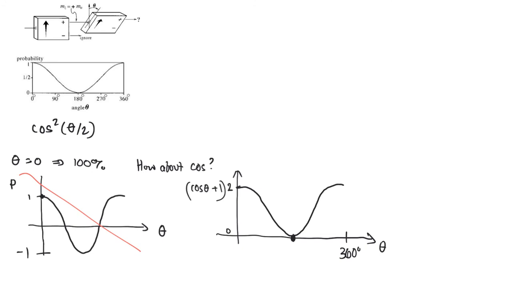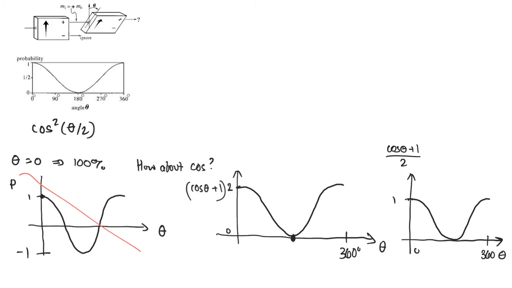So then I'm going to divide by 2. And when I do that, I have cosine theta plus 1 all divided by 2. That is now going to go from 1 down to 0 and ramp up to 1 again. So this has all the properties that we want, right? It never goes negative. It's always between 0 and 1. And it's periodic and smoothly varying.